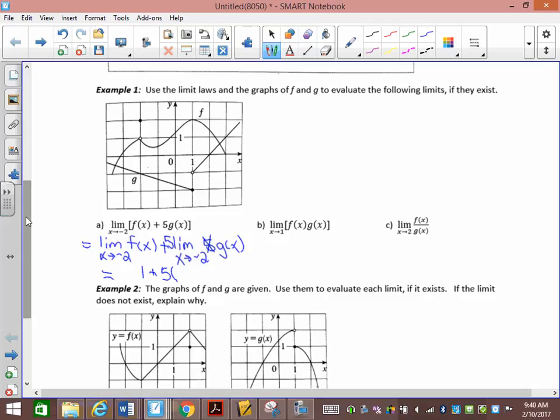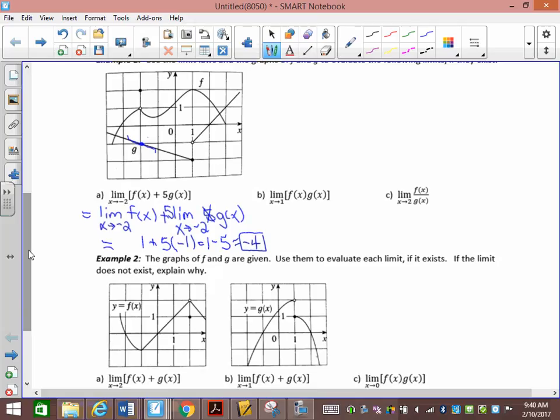From the left, it's approaching -1. From the right, it's approaching -1. So the limit as x approaches -2 of g of x is -1. So it's going to be 1 minus 5, which is -4. You try B and C.